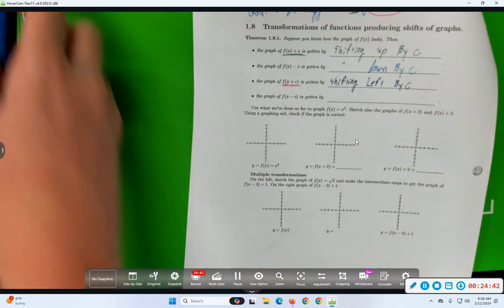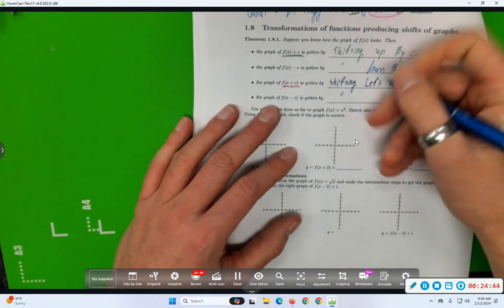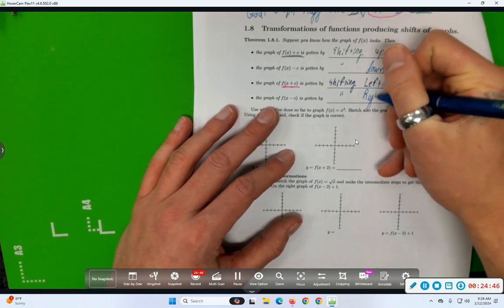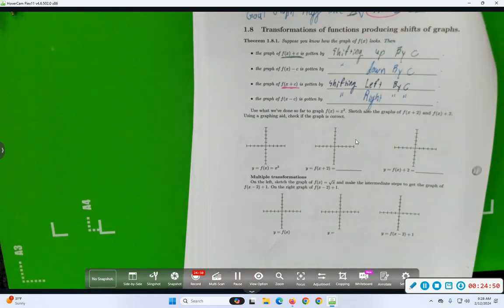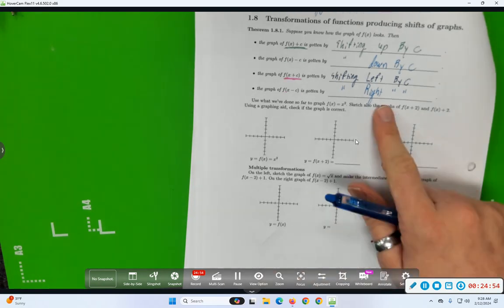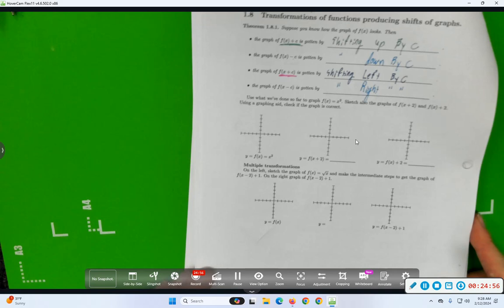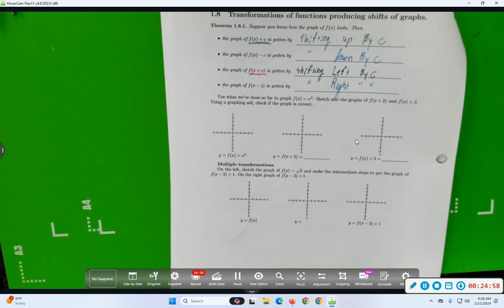It should do the exact opposite. Cool. So we have these rules. When you add a number inside or outside of the parentheses, this tells you exactly what it should do to the graph of a function.